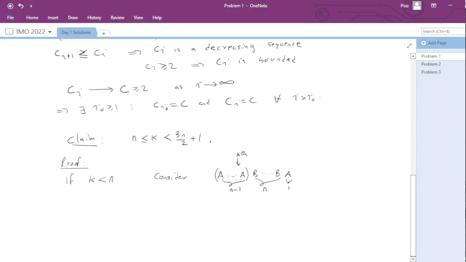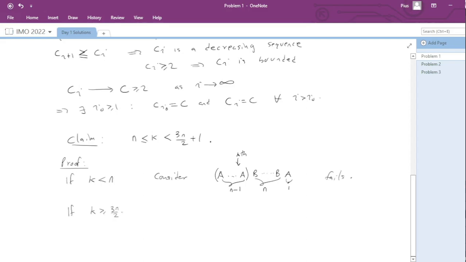So this means that we just have the same arrangement every time, and this clearly doesn't satisfy the condition we would like. So this fails.